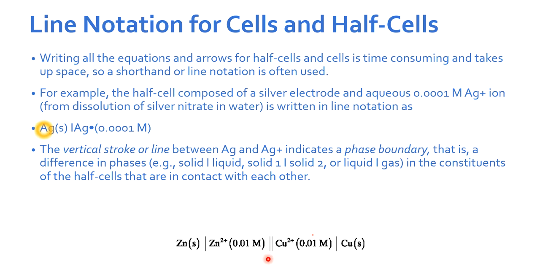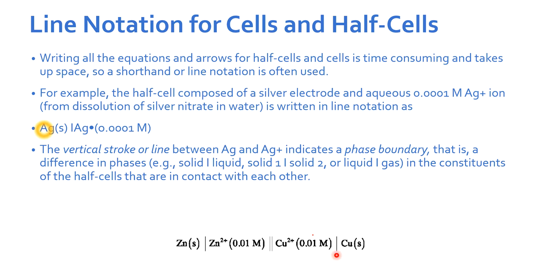It shows the continuity of events. Here you can see we started from the electrode, then we come to the solution phase, and then to the salt bridge. From the salt bridge you enter another half cell, which consists of the copper ion and its concentration, in the liquid phase.